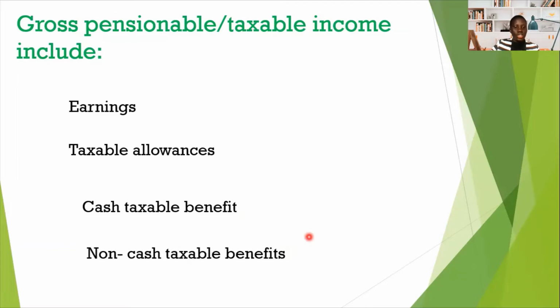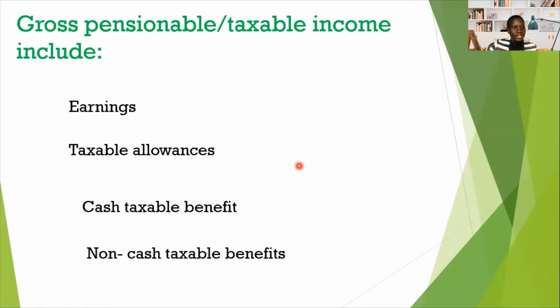You don't get the cash, but you are getting the benefit for working with that company and having that insurance. The non-cash value amount that you do not get is added to your gross pensionable income or taxable income.